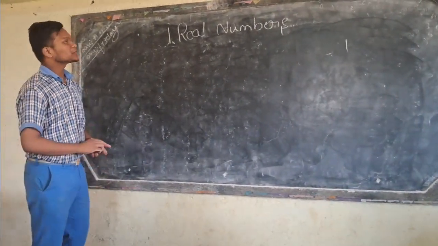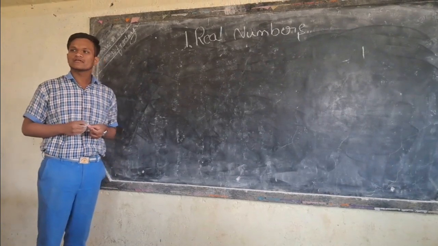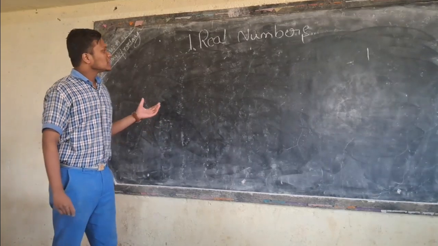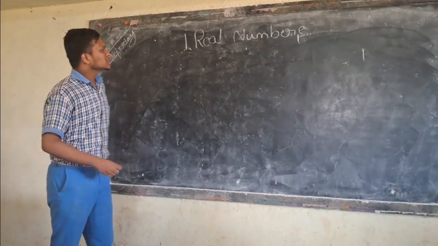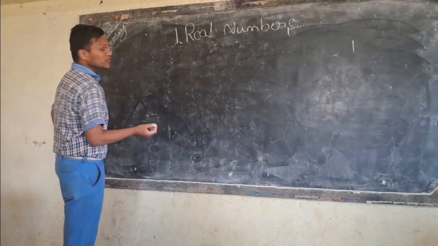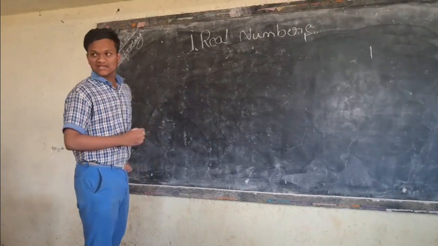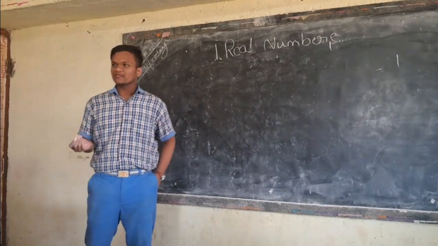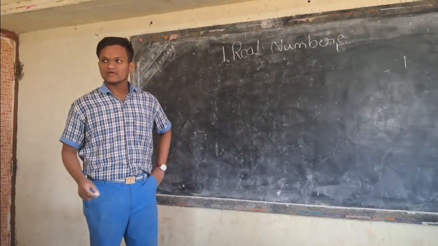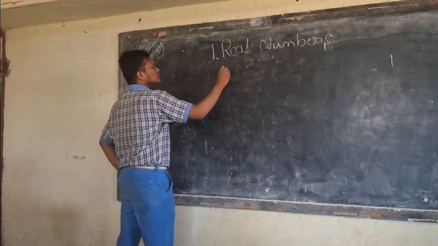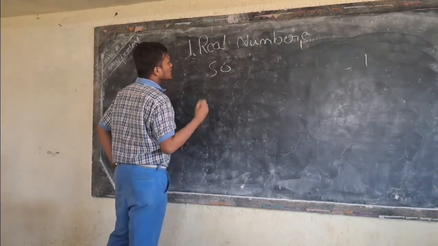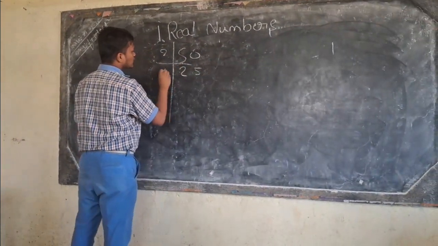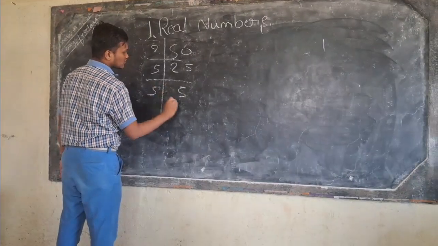The fundamental theorem of arithmetic says that every composite number, which has more than 2 factors, can be factorized uniquely. That is, every composite number can be expressed as a product of its prime factors. For example, take 50. Its factors are 2, 5, 5.